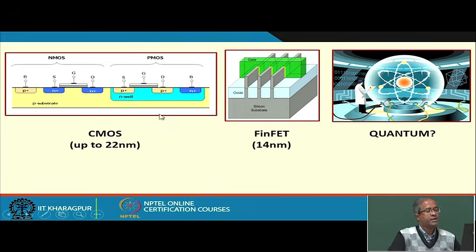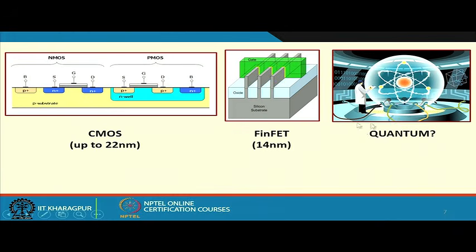But today we have newer ways of fabricating this MOS transistor. One of the most popular ways is called FinFET, where the transistors look like fins. They are not laid out in a flat fashion, but as fins which require much smaller area to fabricate.